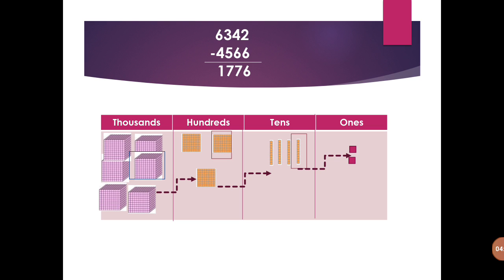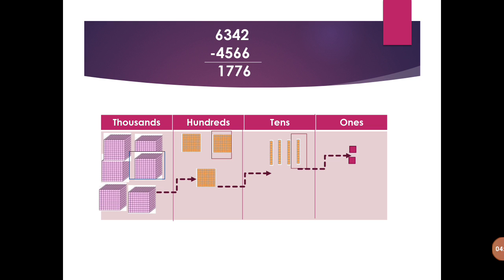Again, the below number is greater than the above number. We have to take a borrow from the tens column. 1 ten becomes 10 ones, and it should be 12 ones. Then go to the next column, which is 100, and change it into 10 tens, making 13 tens.